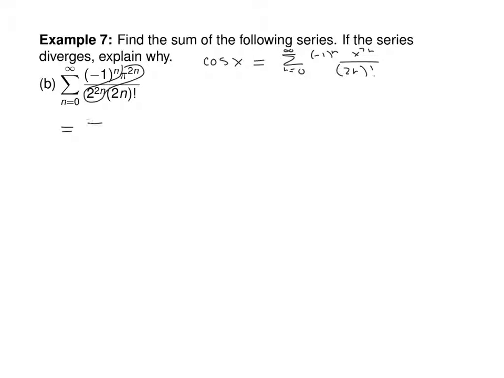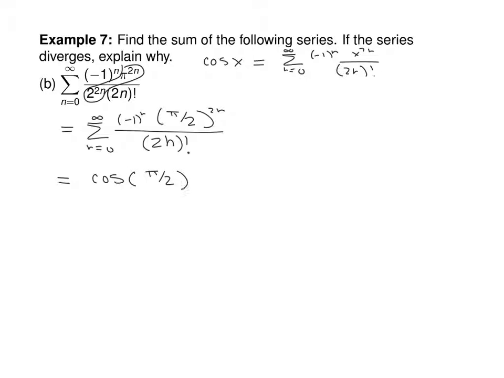Well, that's really the same thing as the sum from n equals 0 to infinity, negative 1 to the n, pi over 2 all to the 2n over the quantity 2n factorial. Notice how pi over 2 was input into cosine. So this is cosine of pi halves. So this series actually sums up to 1.